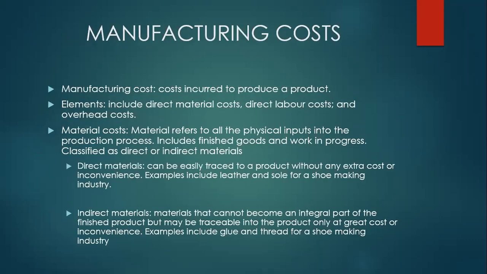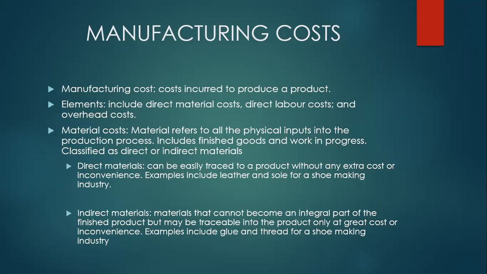Now let's look at manufacturing costs. Manufacturing costs are costs incurred to produce a product. So if you are producing, say, bottles of water, then you are talking about what? Manufacturing costs. What are the elements of manufacturing costs? They include direct material costs.